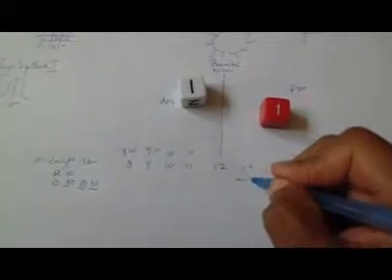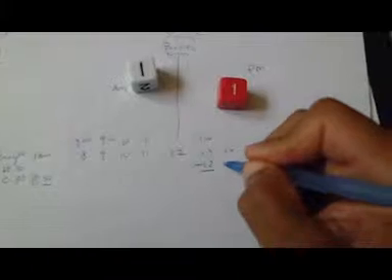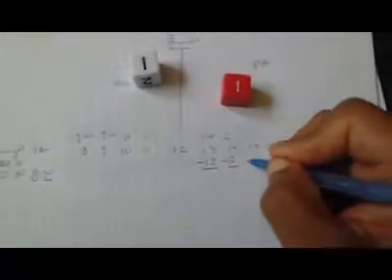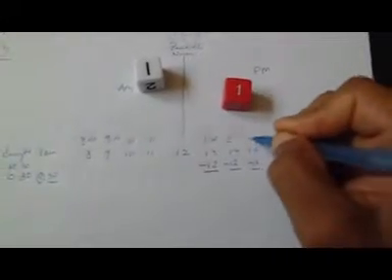And when you get to the afternoon, you take everything minus 12. So that's 13 minus 12, which is 1 o'clock. 1400 minus 12, which is 2 o'clock. 1500 minus 12, which is 3 o'clock.